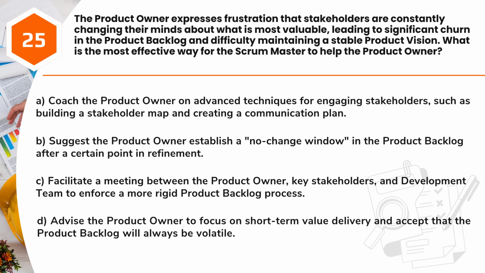B. Suggest the product owner establish a no-change window in the product backlog after a certain point in refinement. C. Facilitate a meeting between the product owner, key stakeholders, and development team to enforce a more rigid product backlog process. D. Advise the product owner to focus on short-term value delivery and accept that the product backlog will always be volatile.